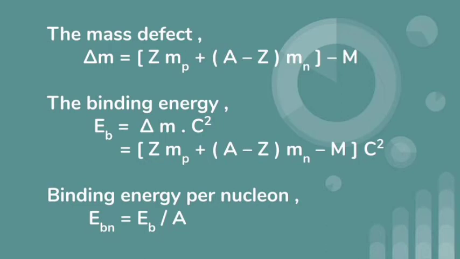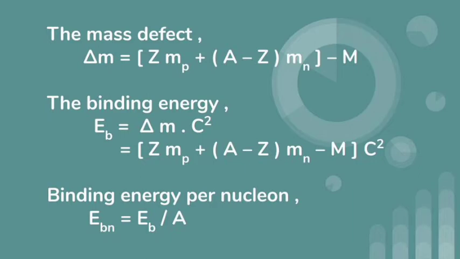So we can say that the binding energy of a nucleus is the energy with which nucleons are bound together in the nucleus. It can also be defined as the energy required to separate the nucleons an infinite distance apart from one another so that they may not interact with each other.